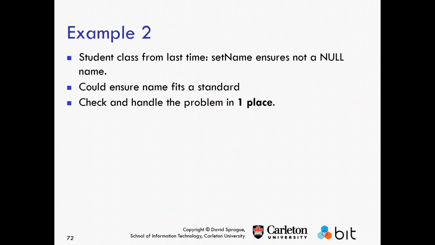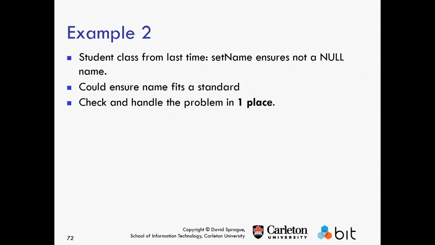Okay, so we actually had a problem last time around. I'm going to skip over this slide a little bit, because set name worked just fine, but get name is actually what was going to be the problem. Set name, what if you pass me null? You say set the name null, you don't pass in any text.